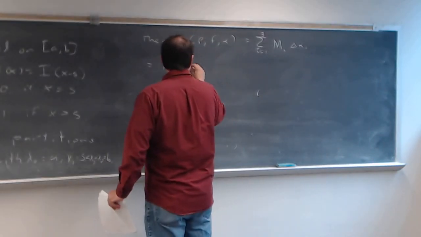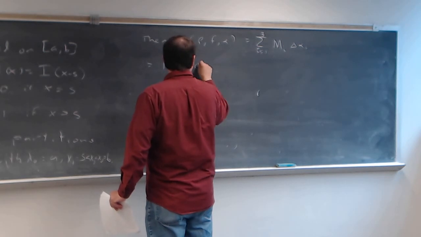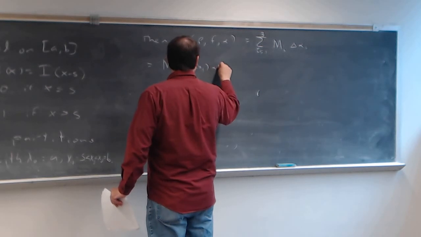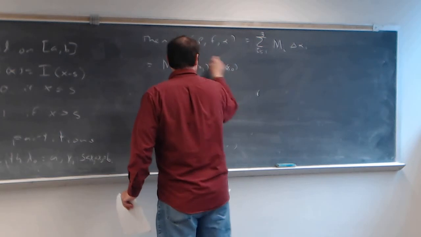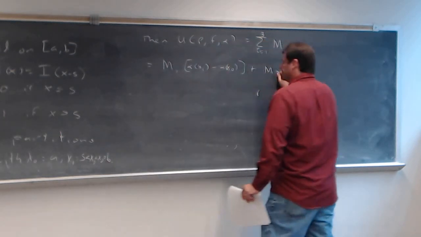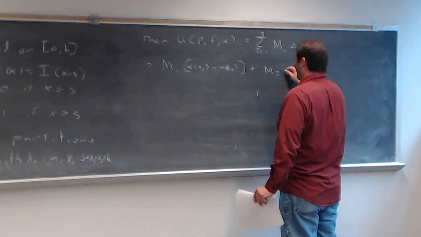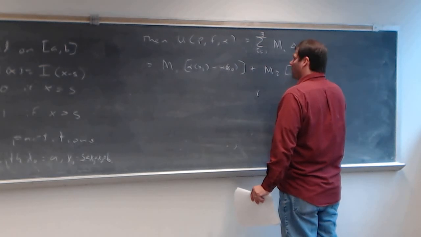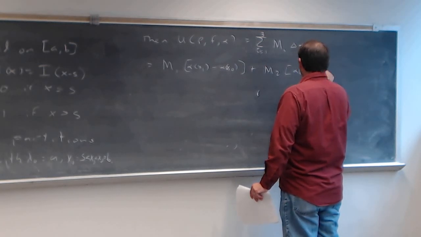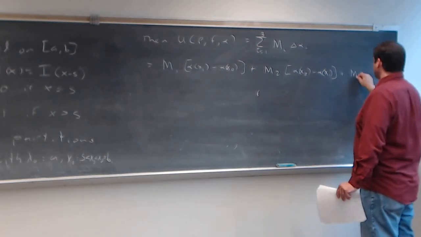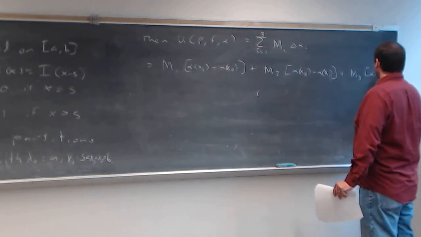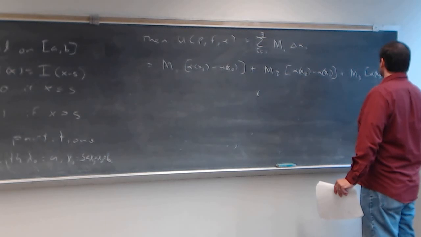It's M sub 1 times alpha of x sub 1 minus alpha of x sub 0, plus M sub 2 times alpha of x sub 2 minus alpha of x sub 1, plus M sub 3 times alpha of x sub 3 minus alpha of x sub 2.